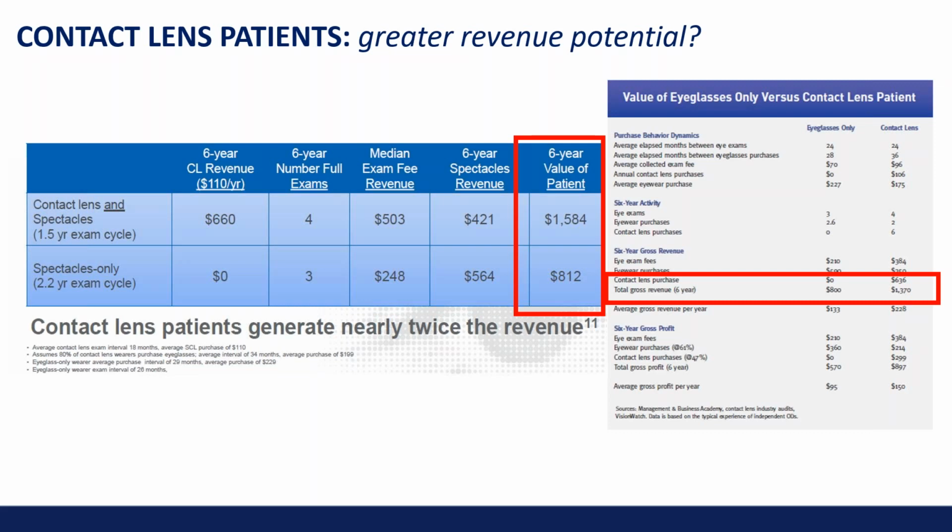We've got contact lens patients compared to eyeglass-only patients. If you look at the value over a 6-year period, the average value of a contact lens and spectacle patient is about twice that of a spectacle-only patient.